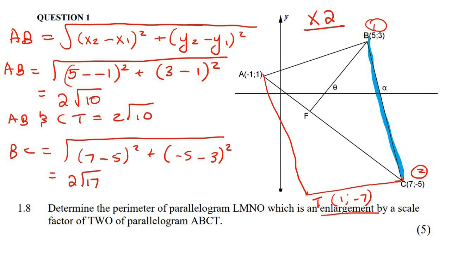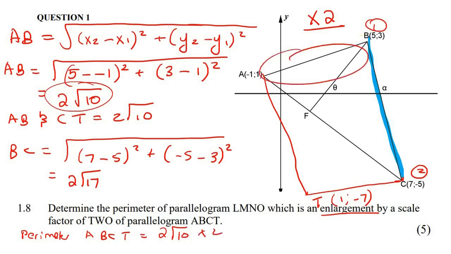Okay, so now we can get the perimeter of ABCD, because we know that that's just going to be this length multiplied by 2, because there's 2 of those. There's this one over here and there's this one over here. Then we're going to say plus 2 square root 17 multiplied by 2 because there's 2 of these. If you work that all out, you end up with 4 square root 17 plus 4 square root 10.